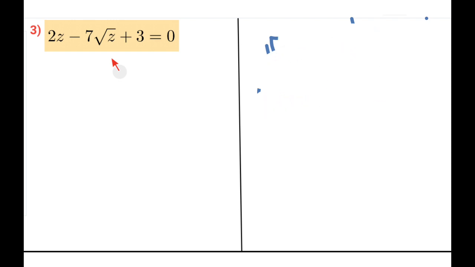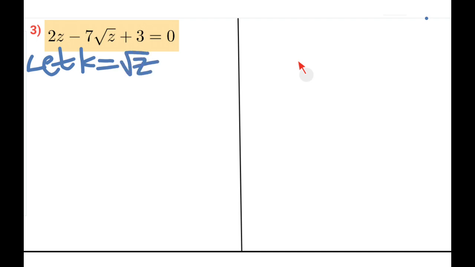Now, this type of questions, we use what we call the k method for it. So you go let k equals to the square root of z in this case, or you can write it as z to the power of a half.